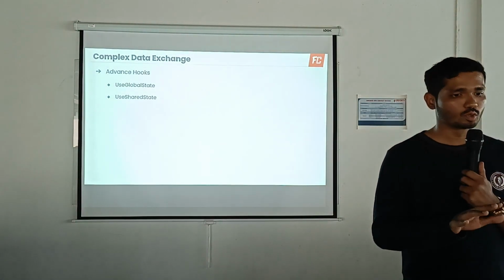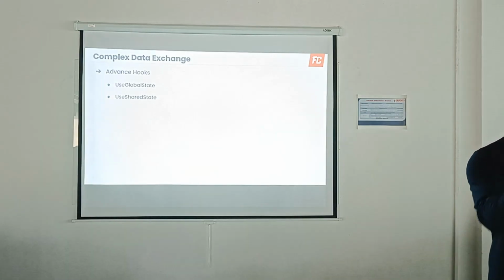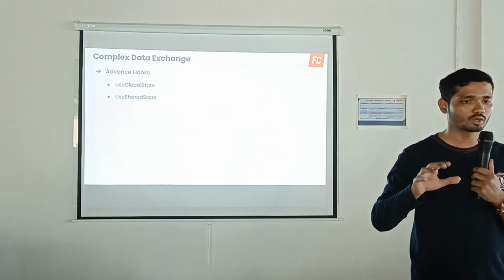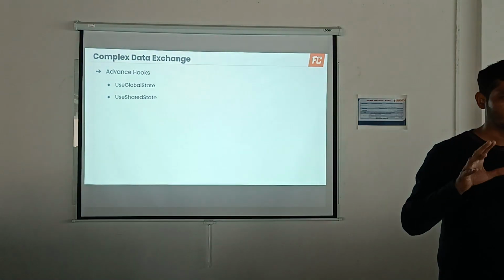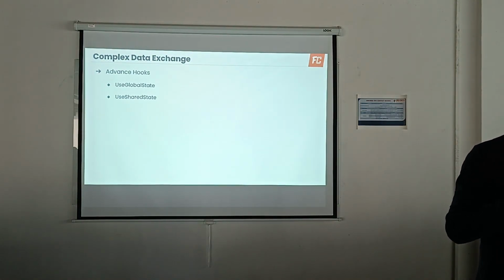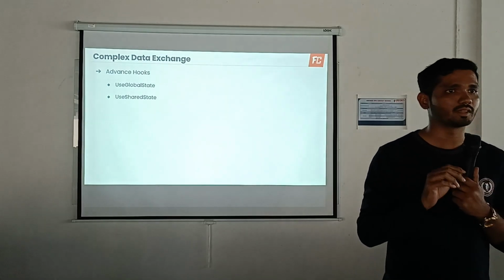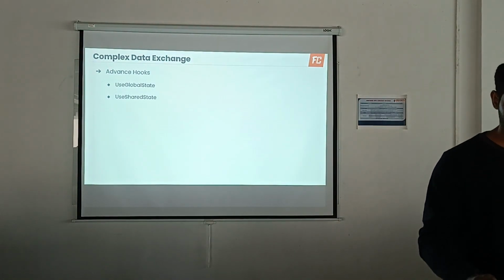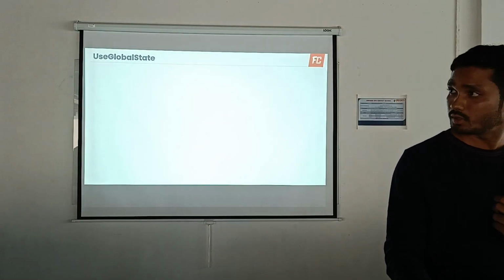So that's what we use global state for. Shared state is very helpful. Like I said, two components which are very distinct, or two sibling components, can create a shared state between them and share that state, and it's very helpful. I'll show you an example quickly.